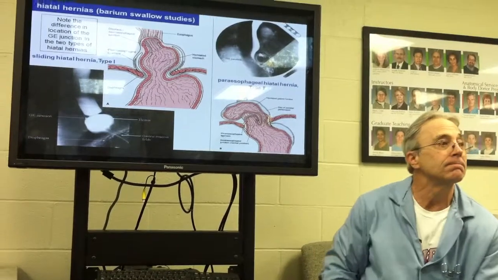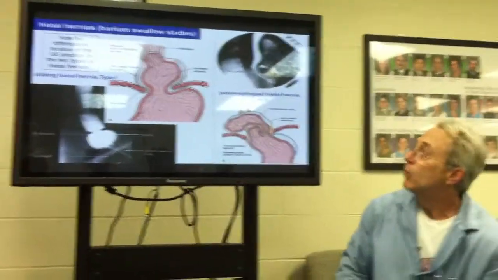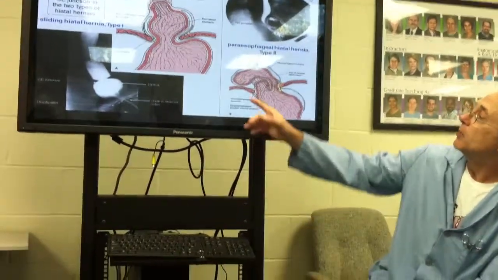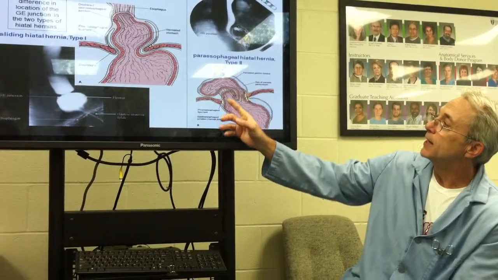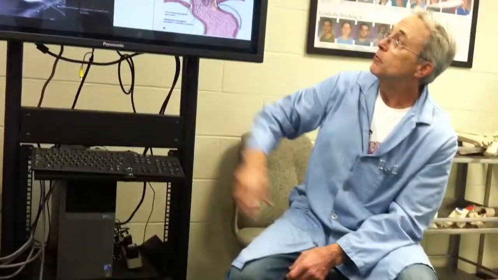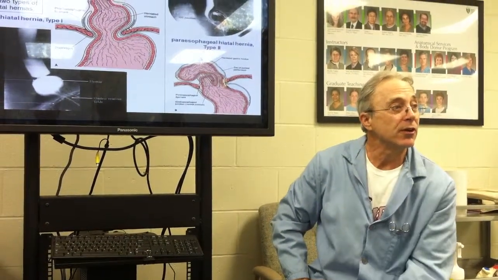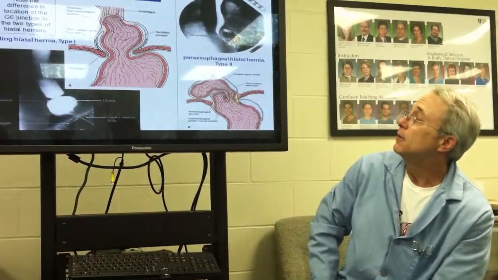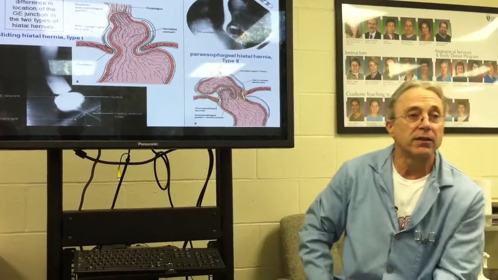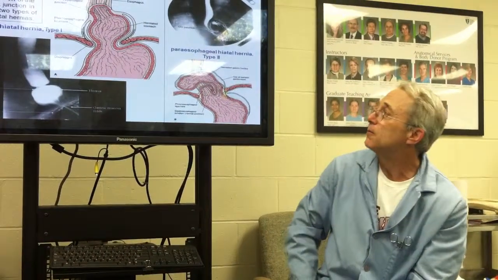What problems can these cause? Well, you could have problems with digestion a little bit, food getting down into this area, so the person could end up with severe heartburn, reflux, kind of a GERD situation. Food could be retained in that esophagus for long periods of time.